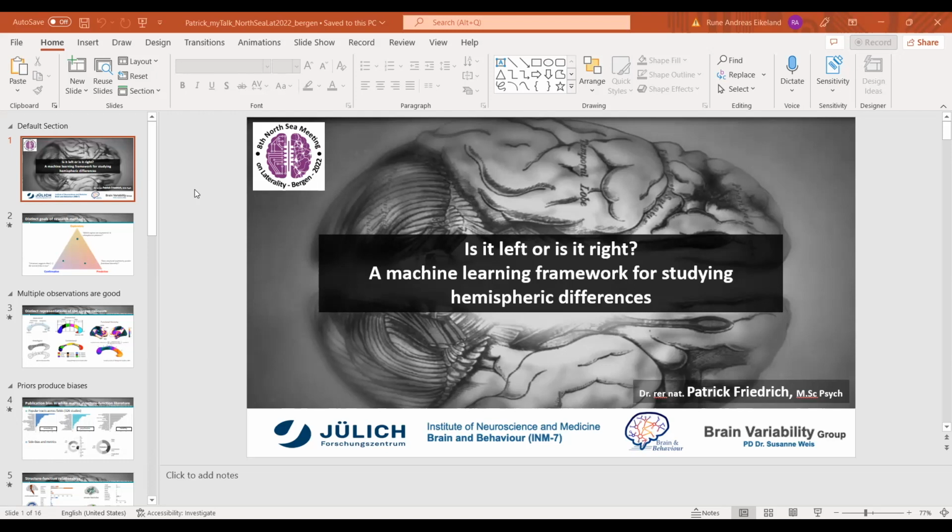We do see some areas here in front which might be reminiscent of pars opercularis, triangularis, and we see some in the ACC, as well as areas here in, oh gosh, now is this still fusiform gyrus?